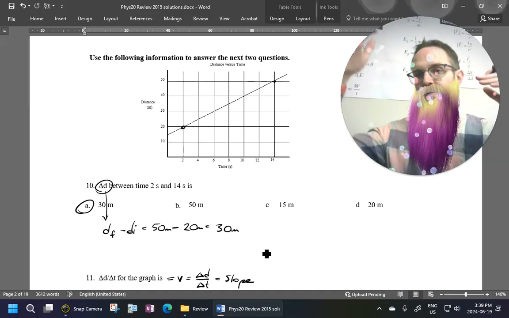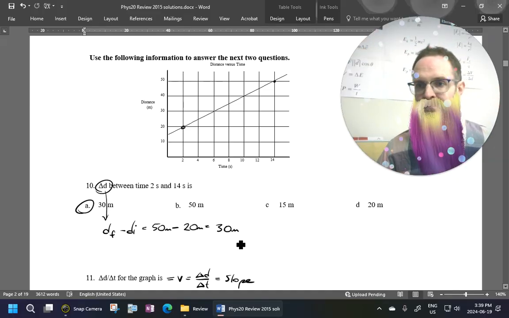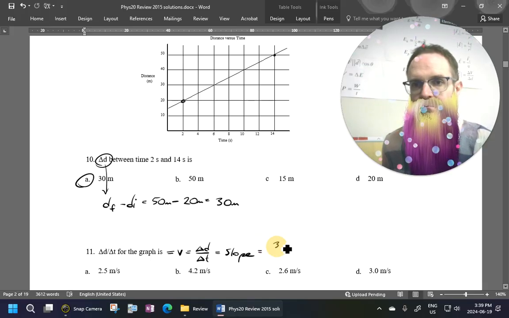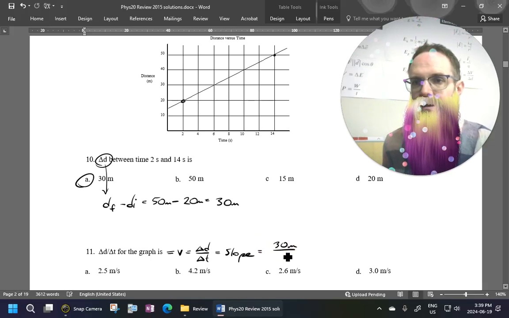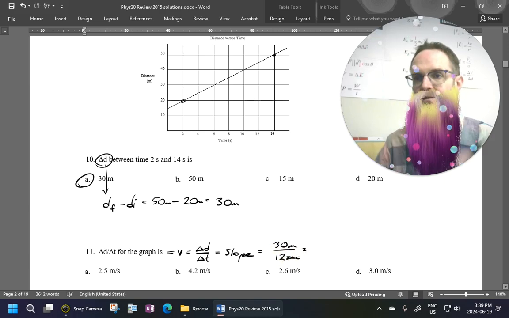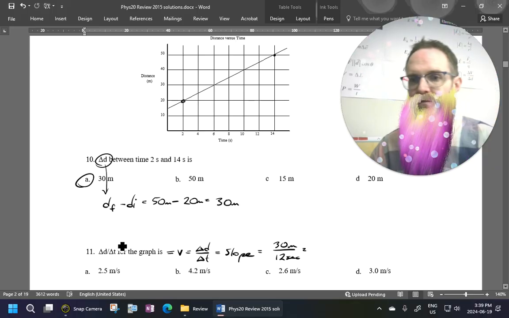So you could do the slope using the 2 points that we have, which is hopefully going to give us a nice answer. We have our displacement from before, and that was over 12 seconds, right? So 14 minus 2. So 30 divided by 12, 2.5.